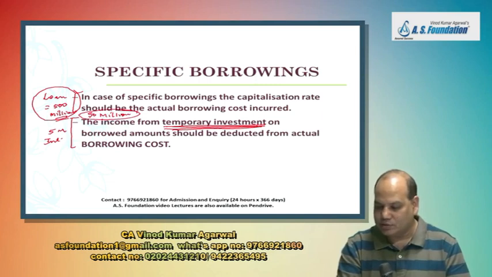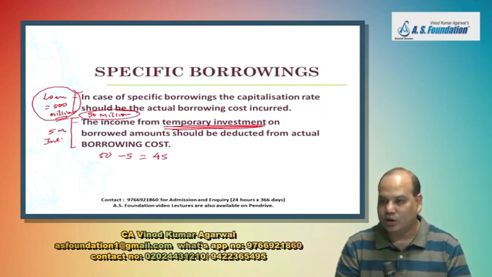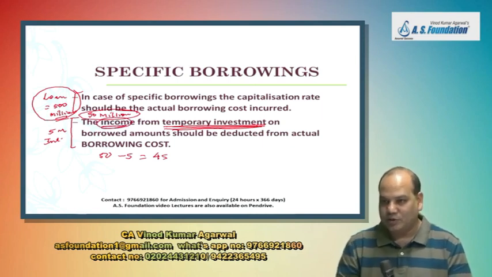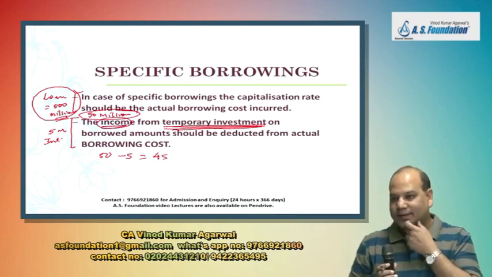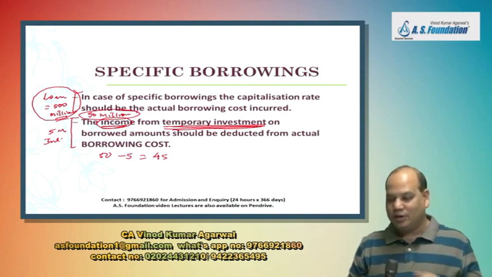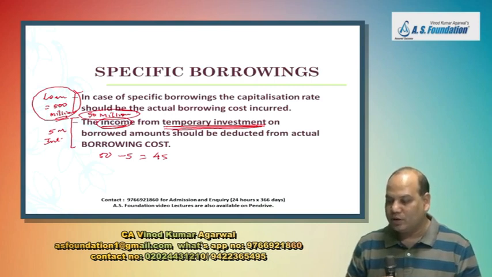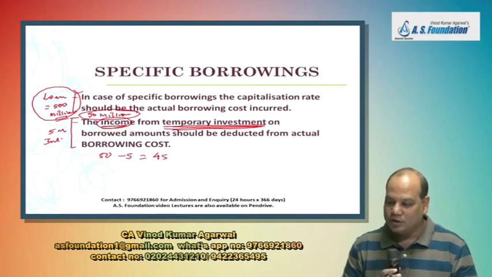The standard says, while capitalizing the borrowing cost, the income earned, I am not using the word interest only, it can be some dividend also, interest plus dividend or anything that you have earned from temporary investment of that borrowed amount will be deducted from the actual borrowing cost incurred.